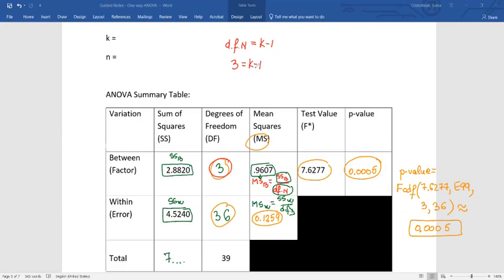Adding 1 to both sides, you can see that K is 4. So this is how many groups we have for this problem. And now how do we find N? If you recall the formula for degrees of freedom of the denominator, it is capital N minus K. Degrees of freedom for the denominator are right here on the table, so that will be 36. It will be N minus, and K we just found, which is 4. So adding 4 to both sides, you'll get N equals 40.